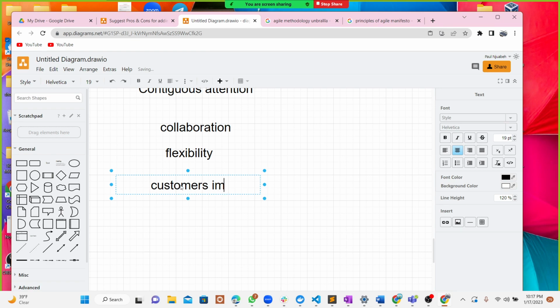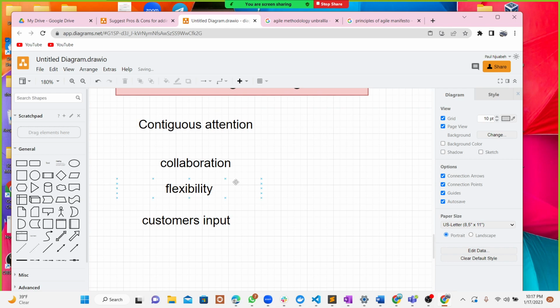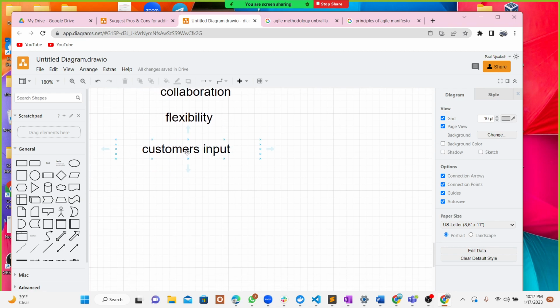If we don't have customer input, we may build what the customer does not want. So companies need to make sure they are bringing in customer input on what they are building. That's why most applications out there have a feedback loop, to take what customers want to see and enhance the platform that we are all using, right?